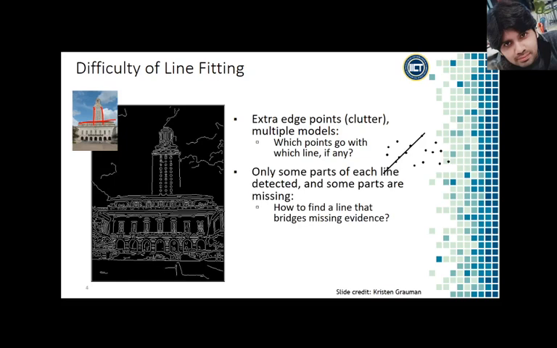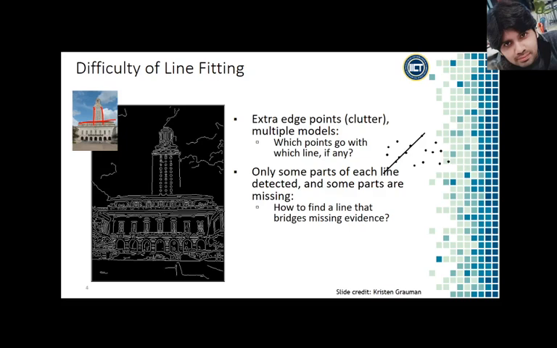We already discussed hysteresis thresholding in the Canny edge detector module, but there were some missing edges as well, and we had to look for weak edges and strong edges. Similarly here, some parts of the lines are missing, and we have to find a line that bridges that missing evidence.